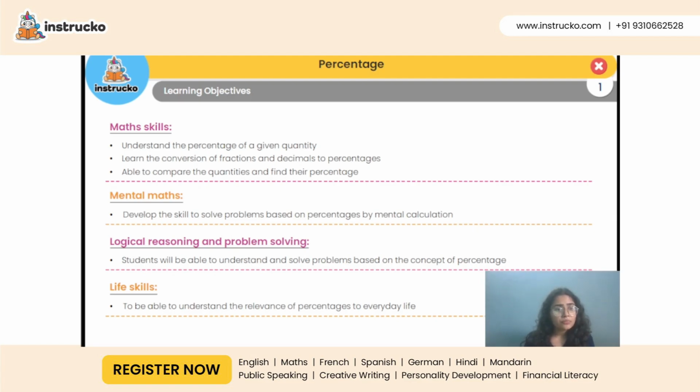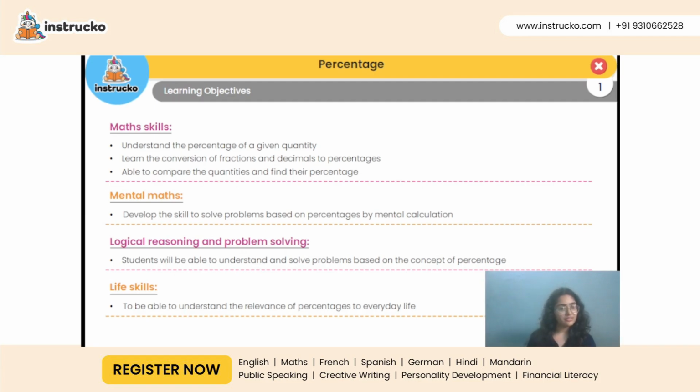When I say mental calculation, I basically mean that next time when someone asks you a question on percentages, you will not need a pen and a paper to solve that question. You will be able to solve a question like this. Isn't that exciting? I hope you are excited to learn that skill. Moving on, we will also be able to understand and solve problems based on the concept of percentage.